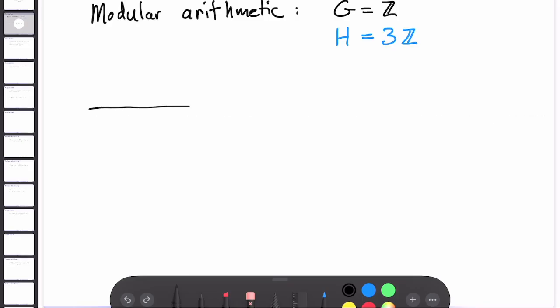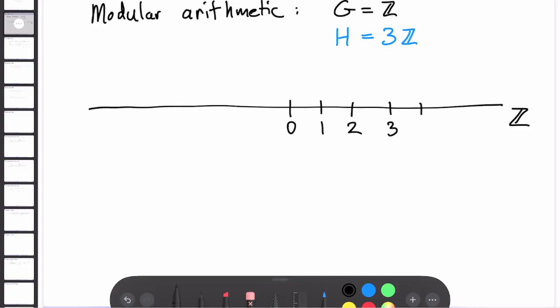Let's try that again. So the integers come with this natural order. So it starts with 0, or that should be positive, please. Of course, when I say starts with 0, I mean I'm going to start with 0, but it begins closer to negative infinity.